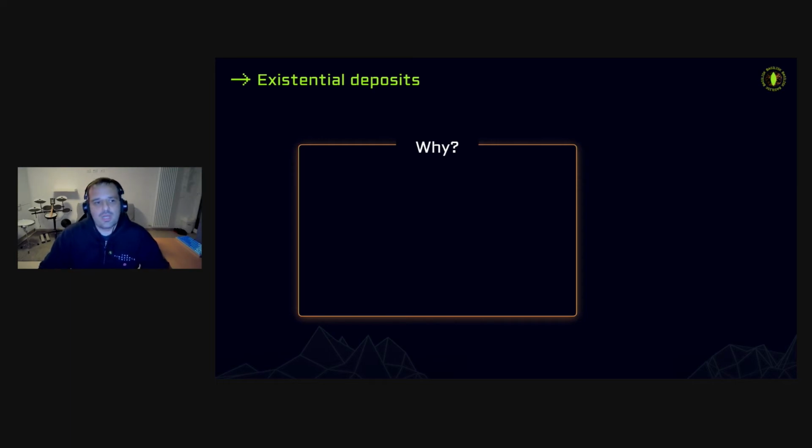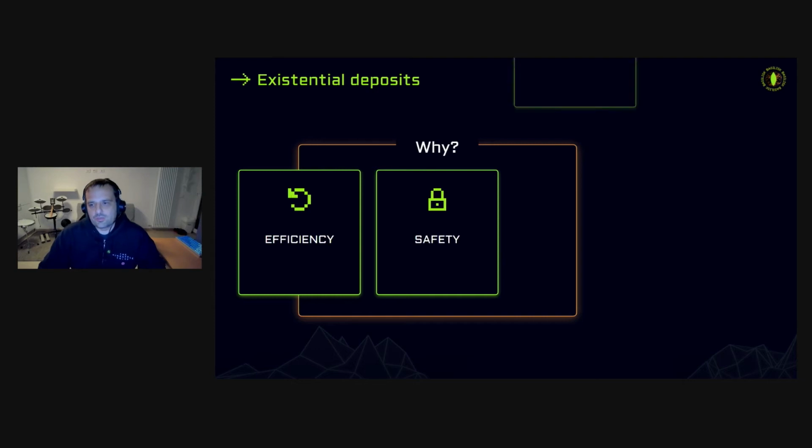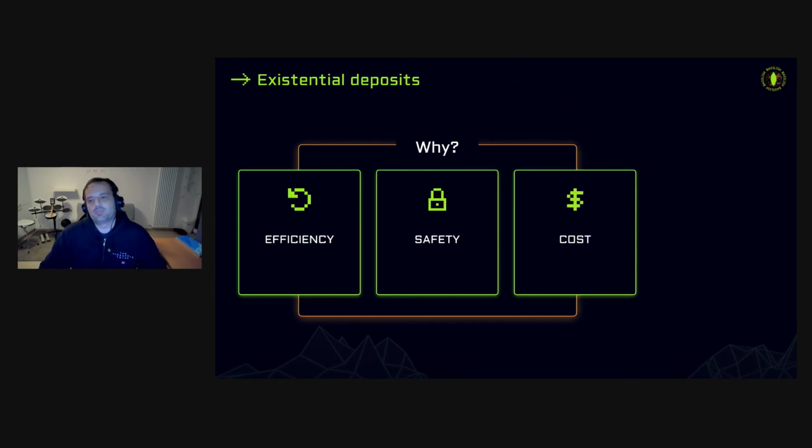So the reasons why the existential deposit exists is so a chain can be efficient, can be safer, and eventually can be cheaper. Because the more stuff you have on your chain, the less efficient it becomes, and the more expensive it will be to execute transactions. Also, you can easily flood a chain and create an arbitrary number of accounts with no balance.